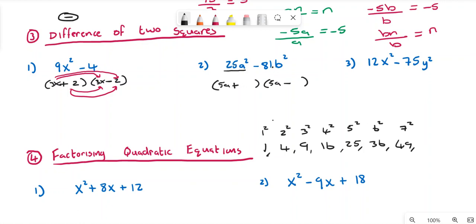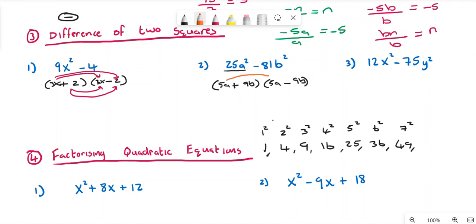And then if we take this one here, minus 81b squared, again we think of the numbers that multiply by each other to give you 81, which is 9, and the terms that multiply by each other to give you b squared are b by b. So this is going to be 9b, so plus 9b multiplied by minus 9b, like so. Okay, so how do we check this and see if it's right?